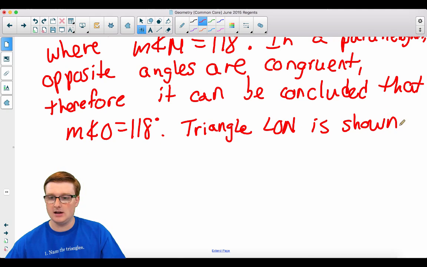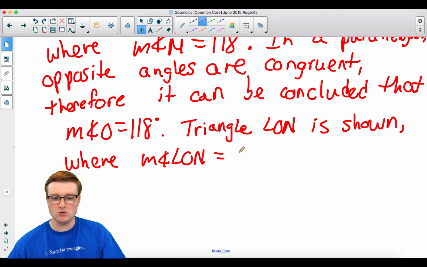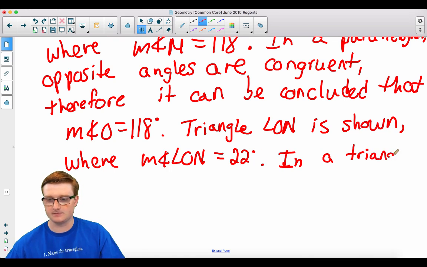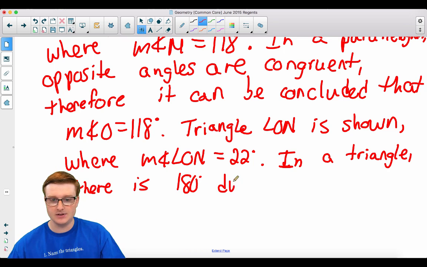It is shown where the measure of angle LON is equal to 22 degrees. In a triangle, there is 180 degrees due to the triangle angle sum theorem.